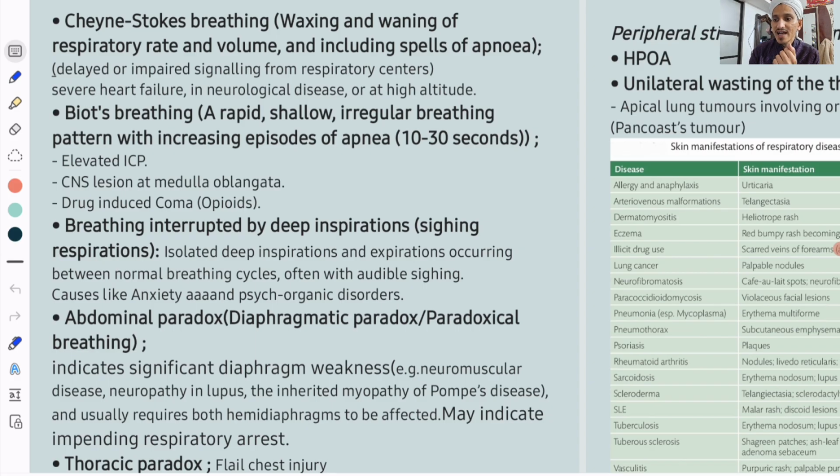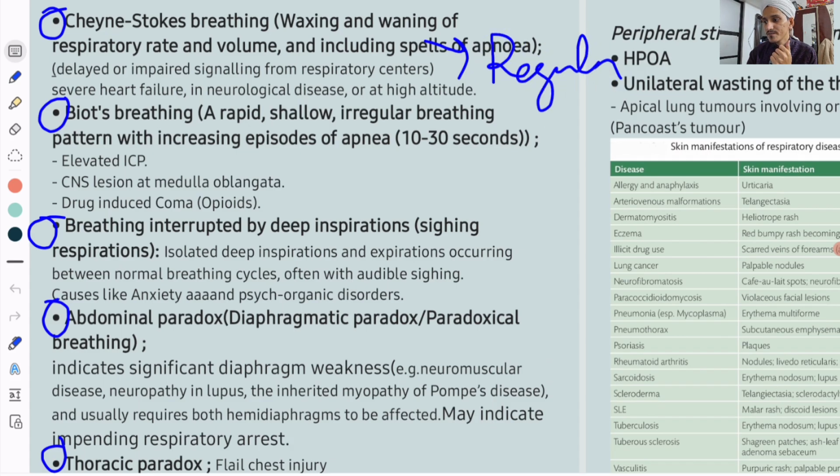Here it is Cheyne-Stokes breathing, Biot's breathing, breathing interrupted by deep inspiration, sighing respirations, abdominal paradox and thoracic paradox. Cheyne-Stokes breathing is regularly irregular breathing. Regularly irregular rhythm you see in atrial fibrillation. You will have this type of rhythm in Cheyne-Stokes breathing.